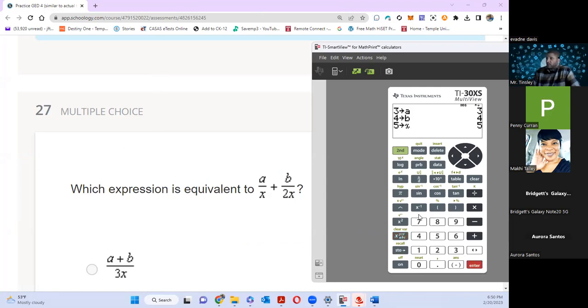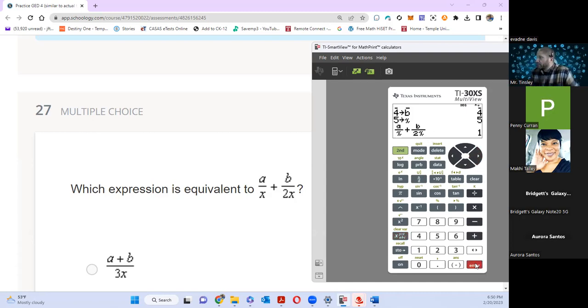Doesn't matter, right? So, in the calculator, A over X, got to get out of the fraction, plus B over 2x. What do I get? Let's see.